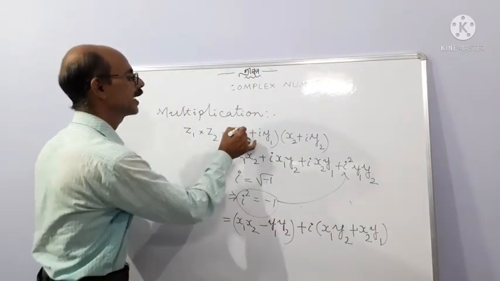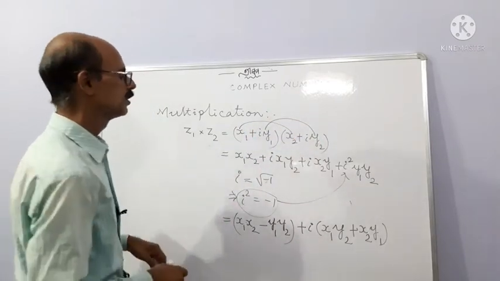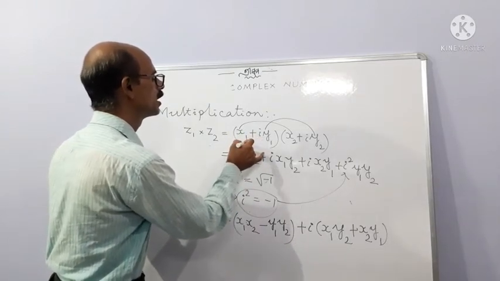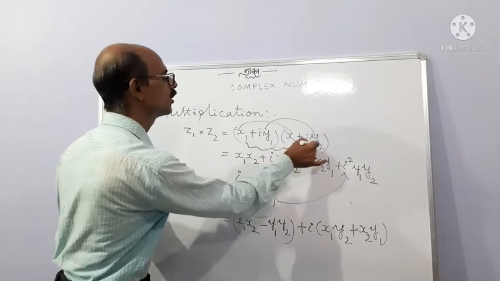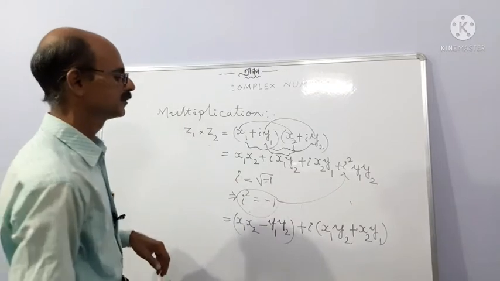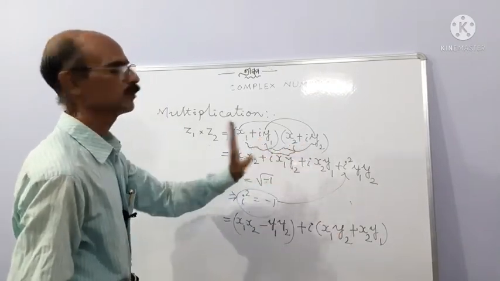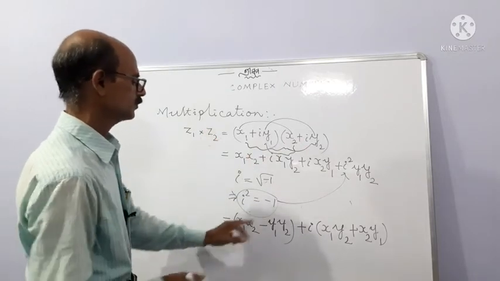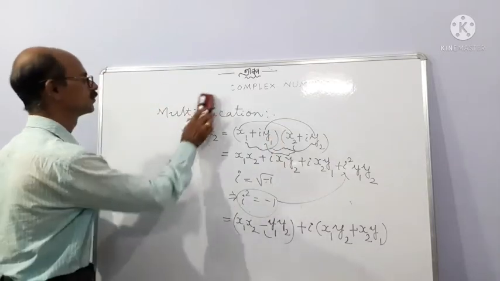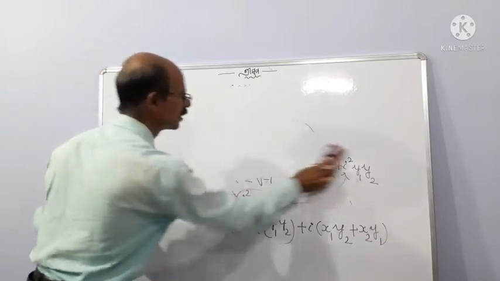You see, x1 into x2 minus y1 into y2 plus i into x1 y2 plus x2 y1. Only minus sign here due to this i square. Multiplication. Division.